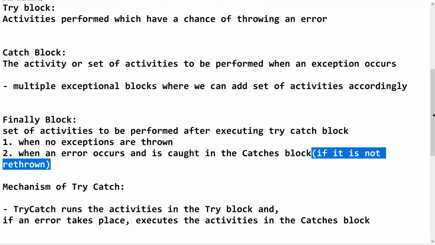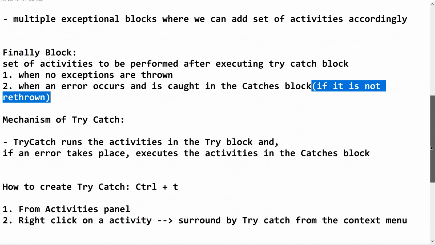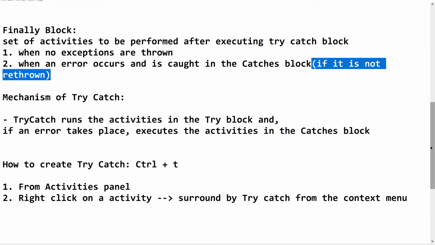Okay. Next, we have seen the mechanism of TryCatch, how it is going to work. TryCatch runs the activities in the try block, and if an error takes place, executes the activities in the catches block. Then we have seen different ways to create a TryCatch, and the shortcut we have learned is Ctrl+T. We can create TryCatch using the activities panel by simply dragging and dropping.